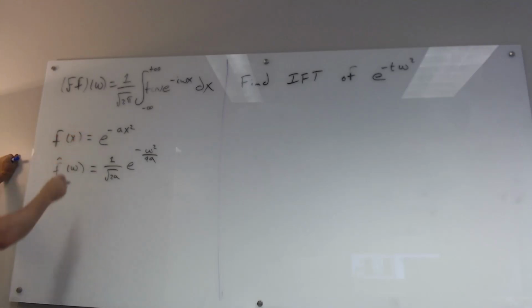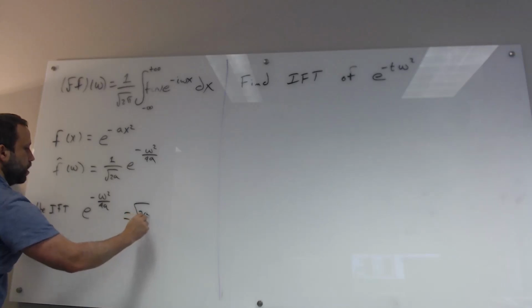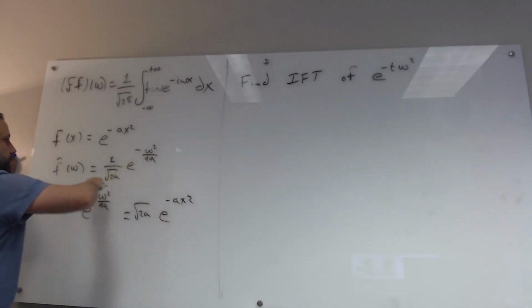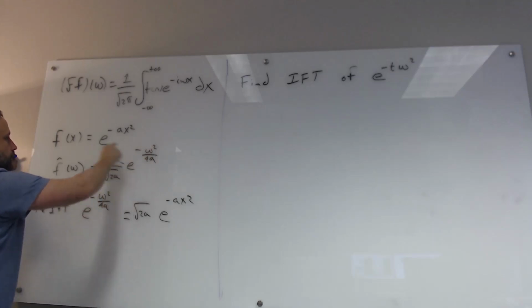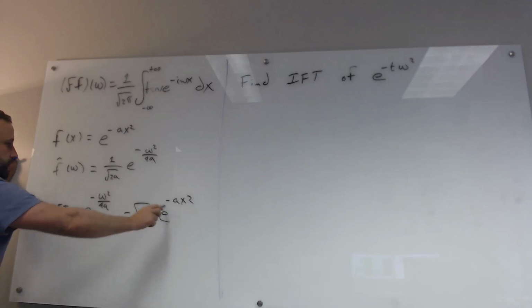So if I look over here, the inverse Fourier transform of 1 over the square root of 2a times e to the minus omega squared over 4a is equal to e to the minus ax squared. If I just multiply both sides by the square root of 2a, the inverse Fourier transform of e to the minus omega squared over 4a is equal to the square root of 2a times e to the minus ax squared.